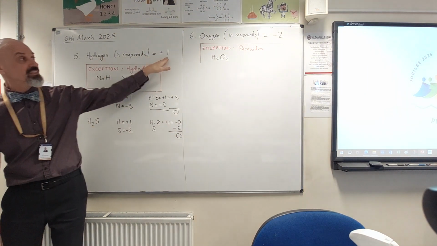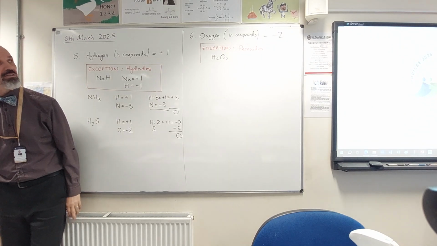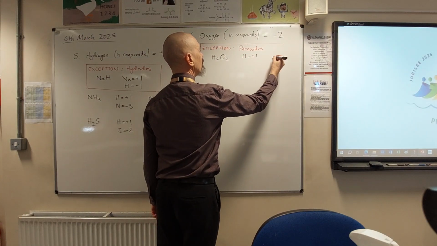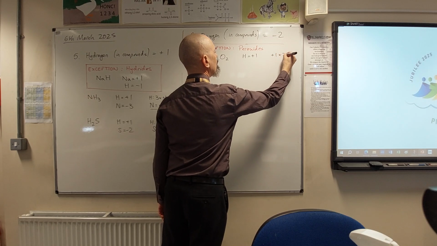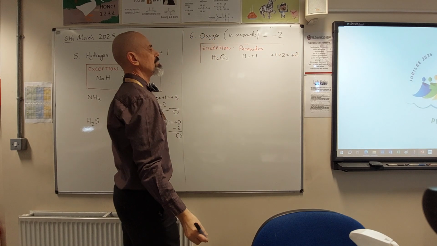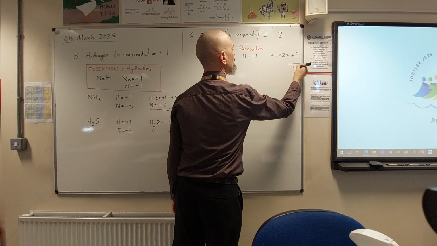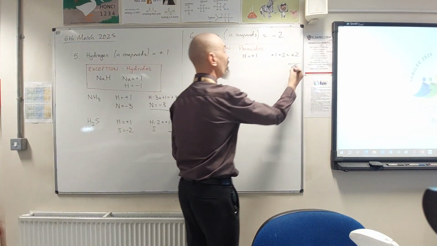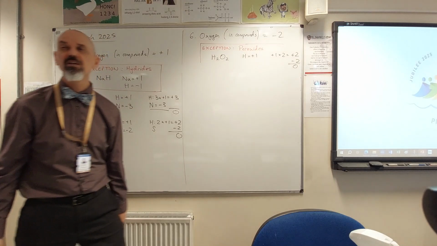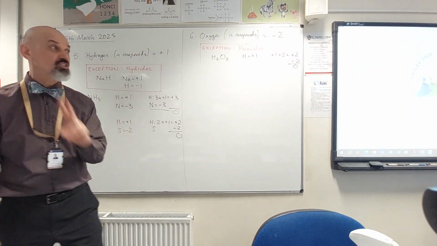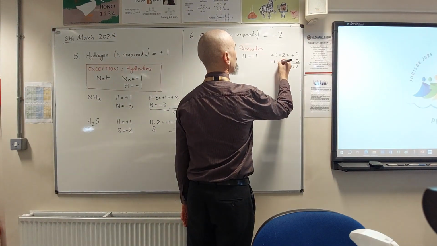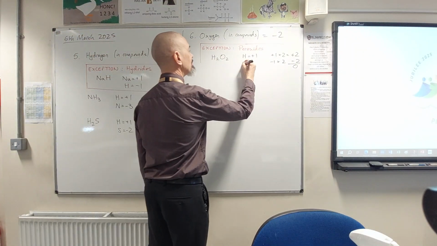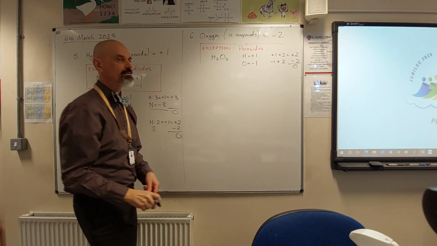Rule number 5 says hydrogen is +1. There's 2 of them, so +2, and then rule number 4 says it's all got to add up to 0, so the total contribution from oxygen must be -2, but there's 2 oxygens, so each oxygen must have an oxidation state of -1.